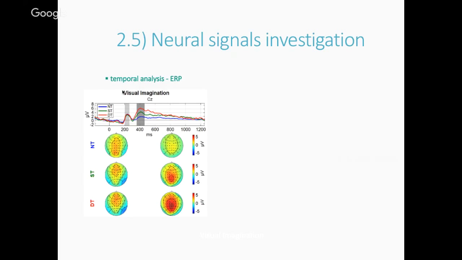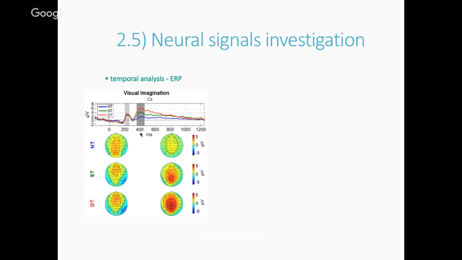In this case, the graph relates to the visual imagination case and recorded from the CZ. We can see that the modulation changes after 300 milliseconds, and there is an increase in amplitude with an increased level of processing.